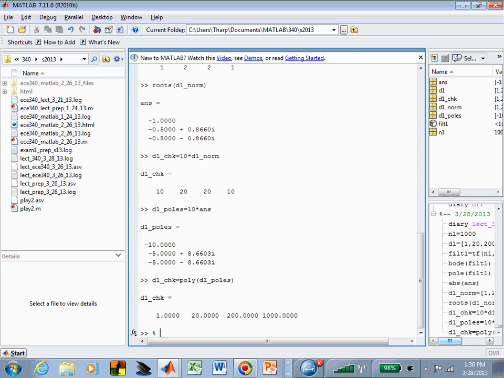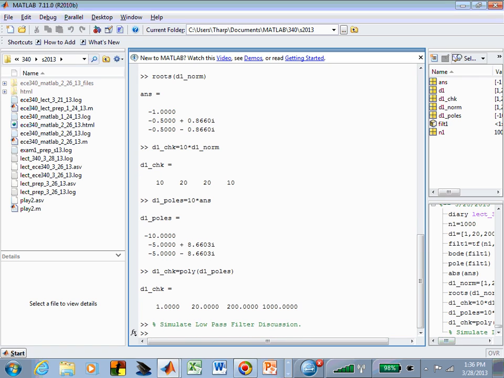Let's say now to simulate the low-pass filter discussion. We had an A matrix in continuous time, and that was minus 21, comma 0, semicolon 0, or minus 200, 0, 1, semicolon minus 1,000, 0, 0.